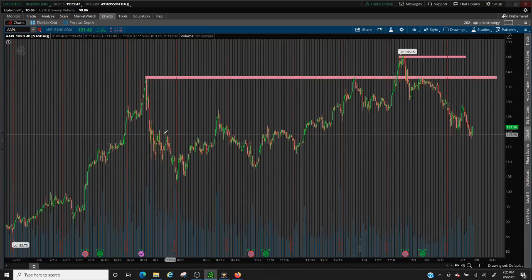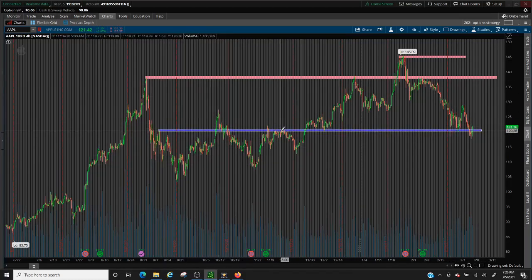All right, let's see if we can find another well identifiable support or resistance. If we see here, we have an area where the price touched, it got rejected, but then it acted as support. It went through resistance, and then it became support, support, support, somewhere in there.